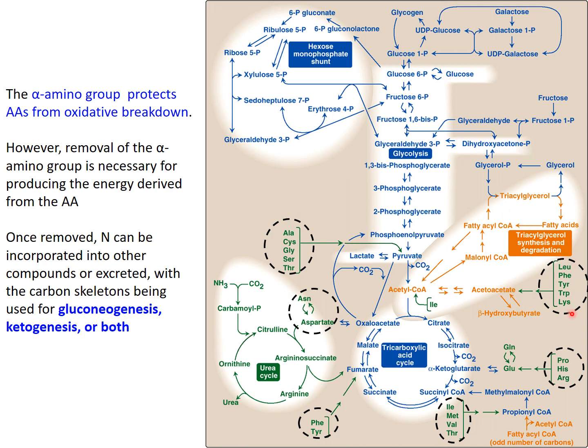So in the liver, these amino acid carbon chains will be used or could be used for glucose synthesis. However, there are amino acids, and especially please remember leucine and lysine, which carbon chain can be turned into acetoacetate, then can be turned into acetyl coenzyme A. This can be used under certain hormonal conditions to produce fatty acids, and many times can be used to produce ketone bodies.